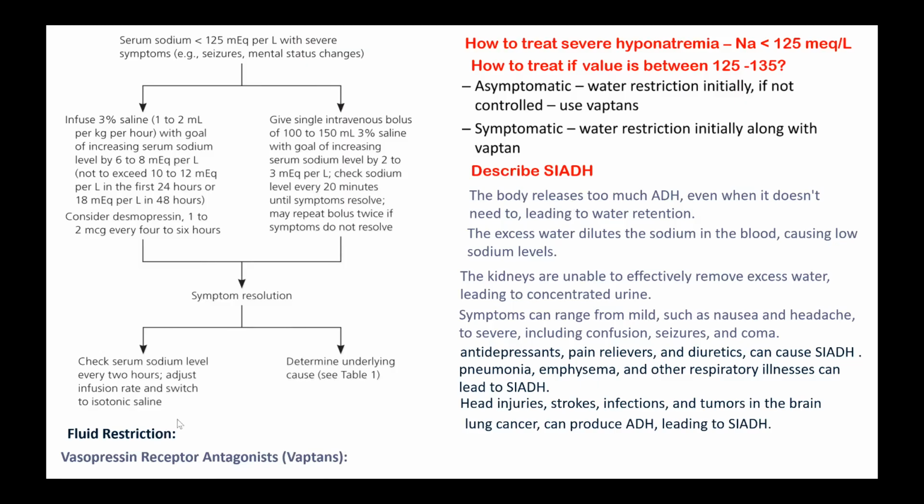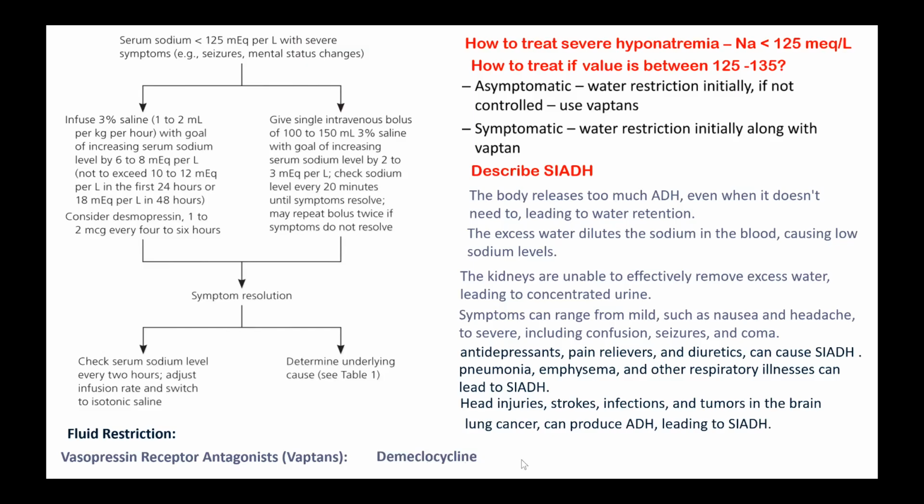So by restricting the intake as well as increasing the urine output, you can treat this condition. So the treatment is fluid restriction and use of Vaptans to antagonize the action of ADH.